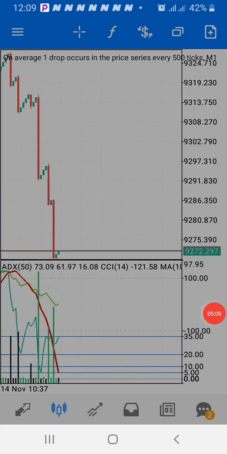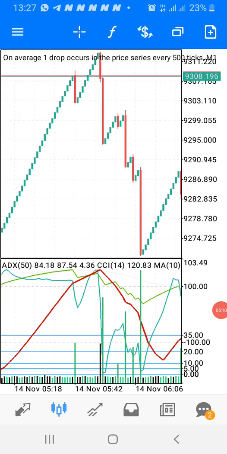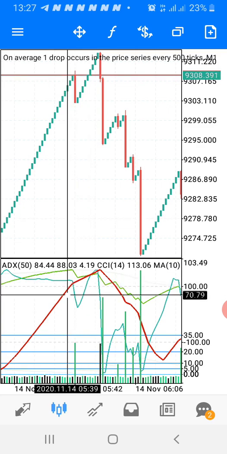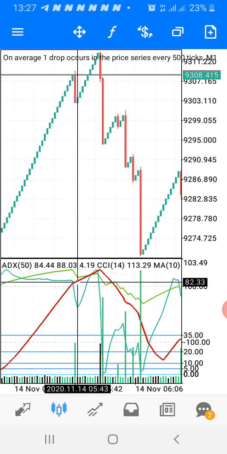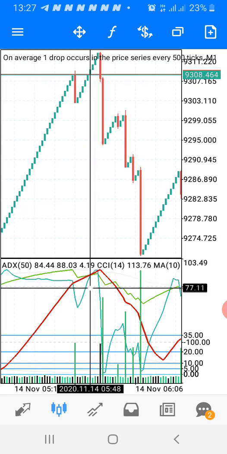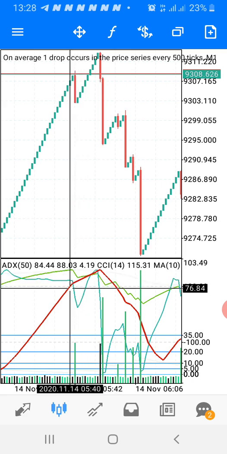So guys, this is how this indicator works. What you need to do is watch out for this red moving average. Once this red moving average crosses above this dark green line at the overbought level, which is from this 100, consider a sell.